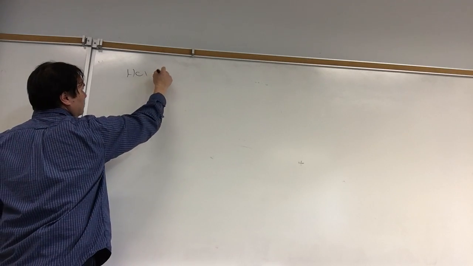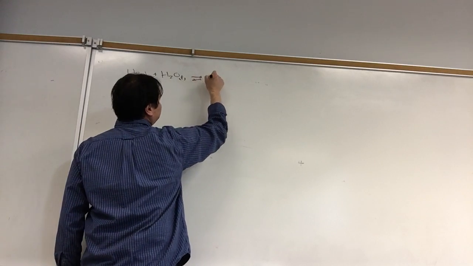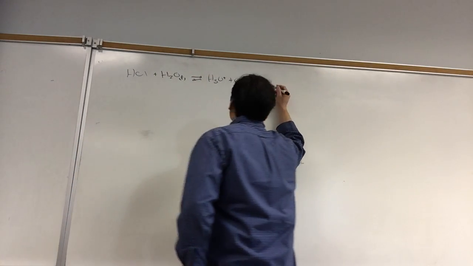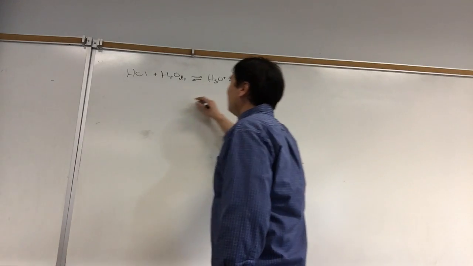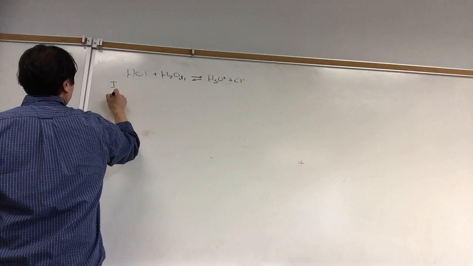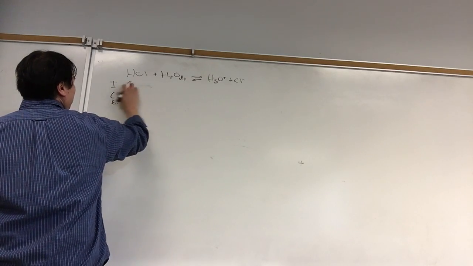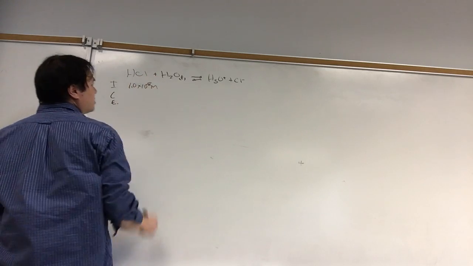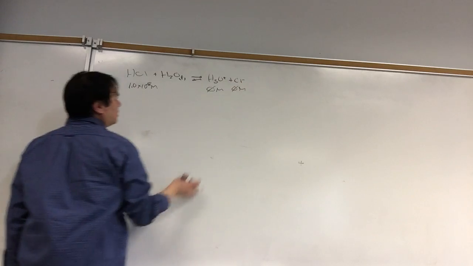And so we have HCl plus H2O, giving hydronium plus chloride. If we treat this as a Chem 1B style problem, we set up an ice table. We start off with 1.0 times 10 to the minus 8 molar HCl, 0 molar products, and then let this go.